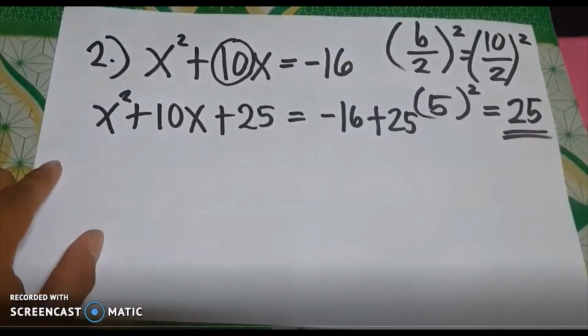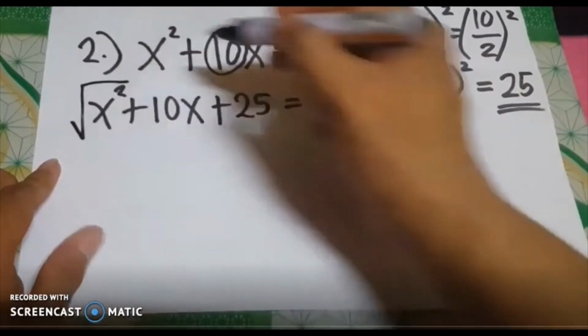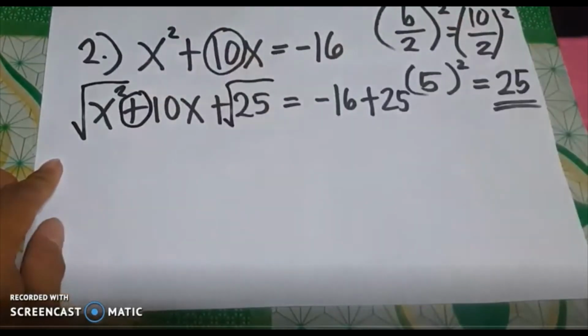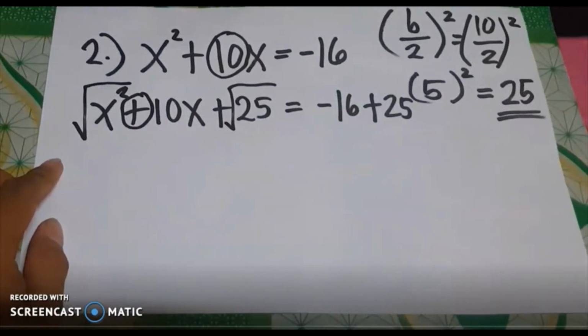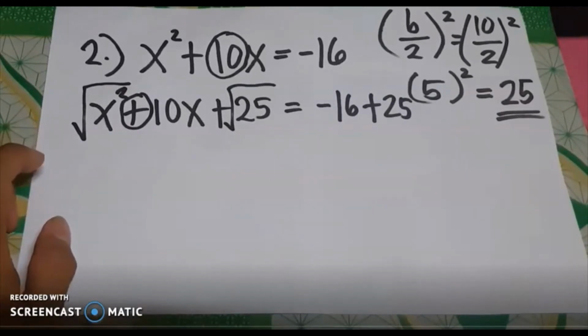So all we have to do is get the square root of the first and get the square root of the last, then look at the operation of the middle term. Because the square root of first and last, together with the operation of the middle, will form the binomial factors of that perfect square trinomial.